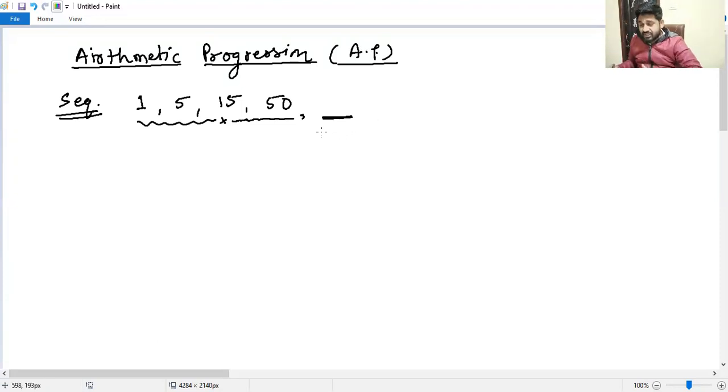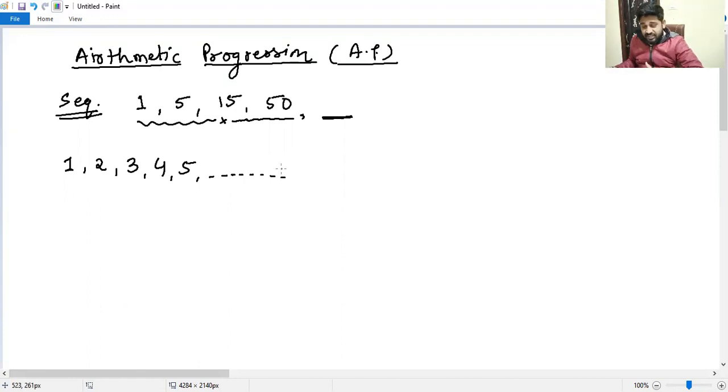But in a progression, there is a pattern. There is an arrangement also, and there is a pattern also. So using that pattern, you can easily analyze the next term. Like if I take some set of numbers, 1, 2, 3, 4, then 5, you can easily recognize this pattern.